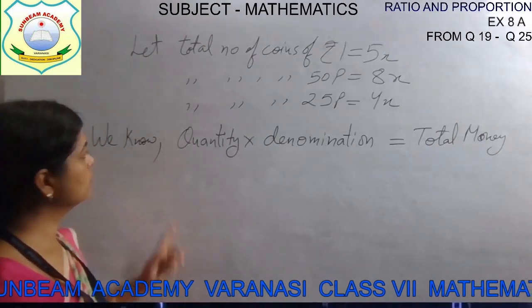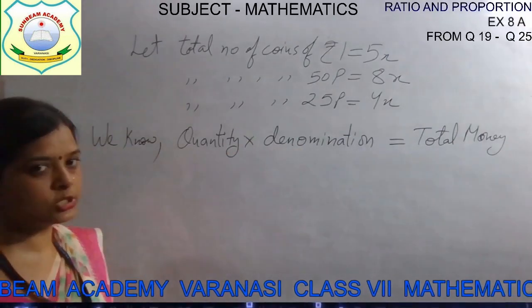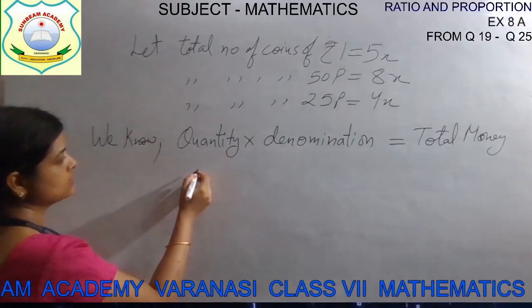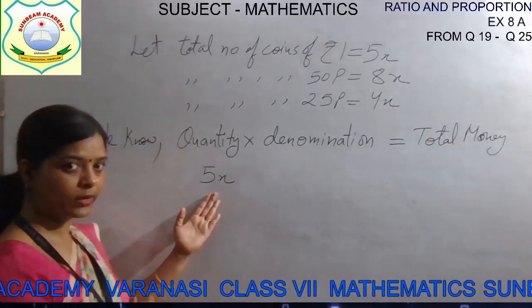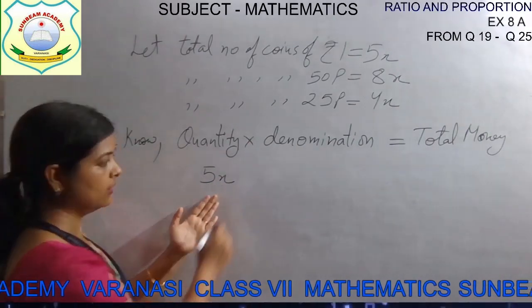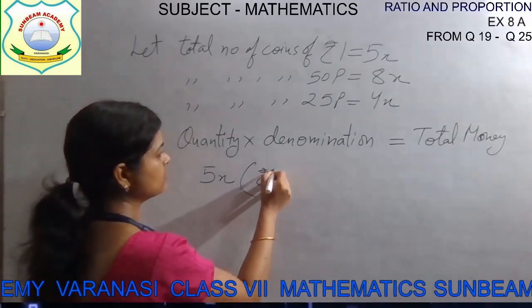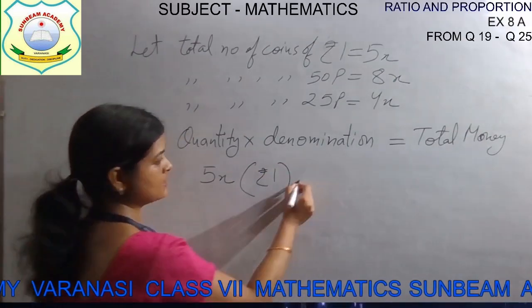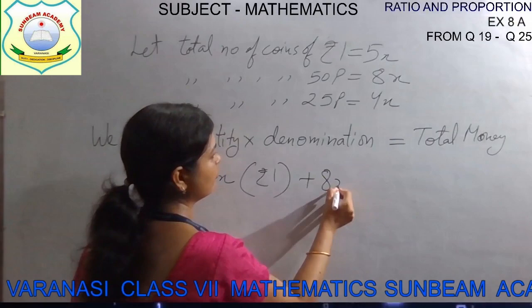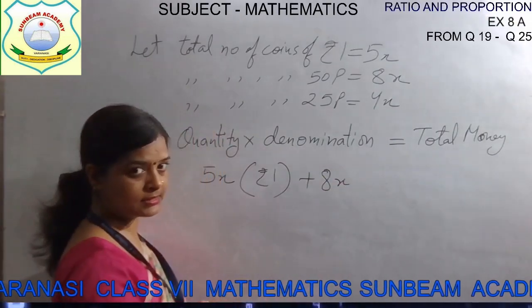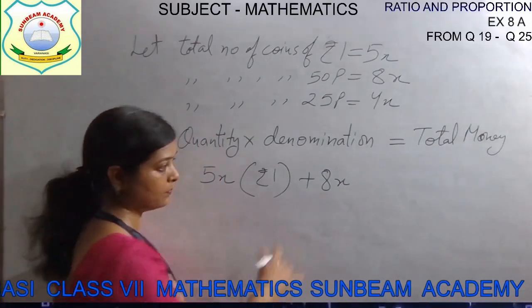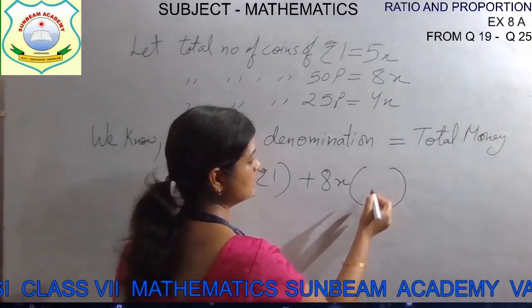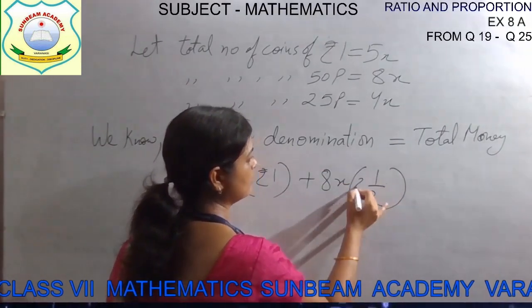Now we know that quantity into denomination is total money. So what is the quantity of 1 rupees? 5x. This many coins are there. Quantity into denomination: rupees 1, plus what is the quantity of 50 paisa? 8x. This many coins of 50 paisa are there, into its denomination, that is half rupees.